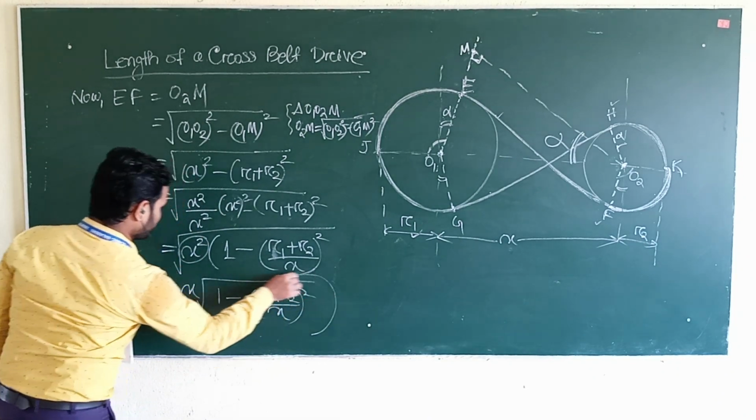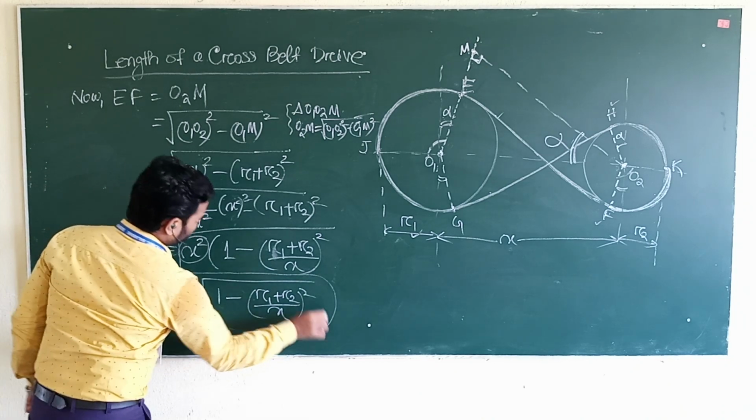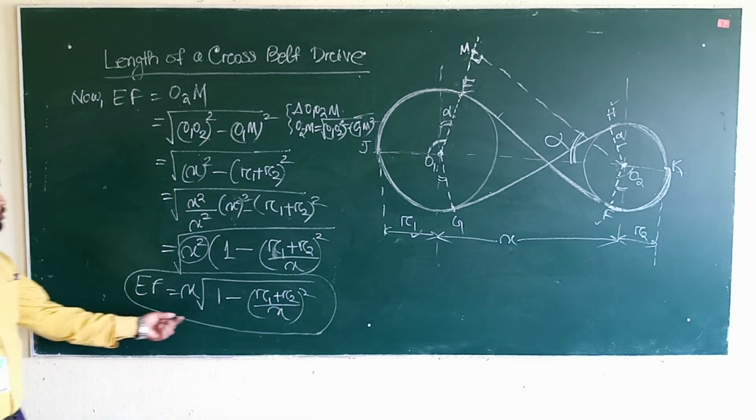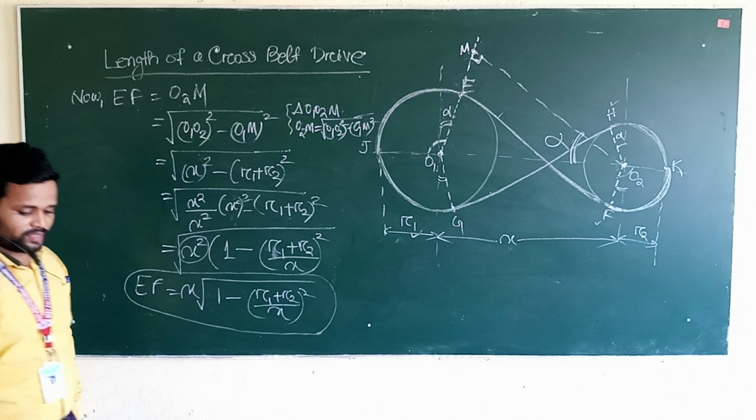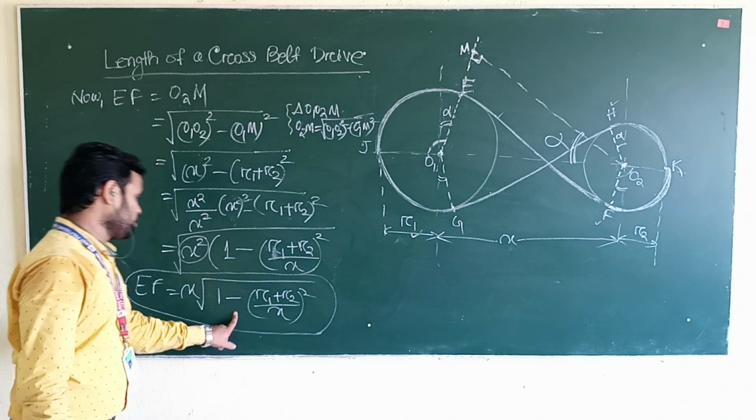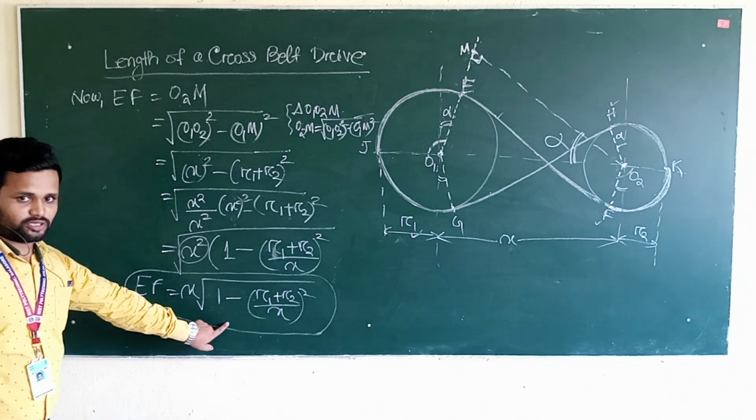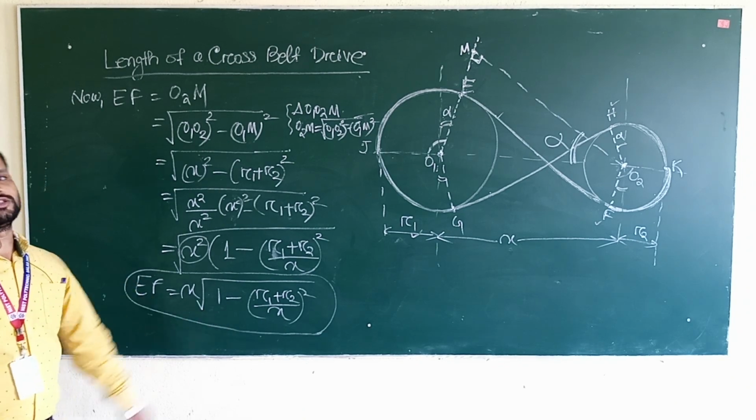As this is a difficult value and we cannot put it in equation 1, we have to make it simpler. To make this simpler, we expand this equation by using the binomial theorem.